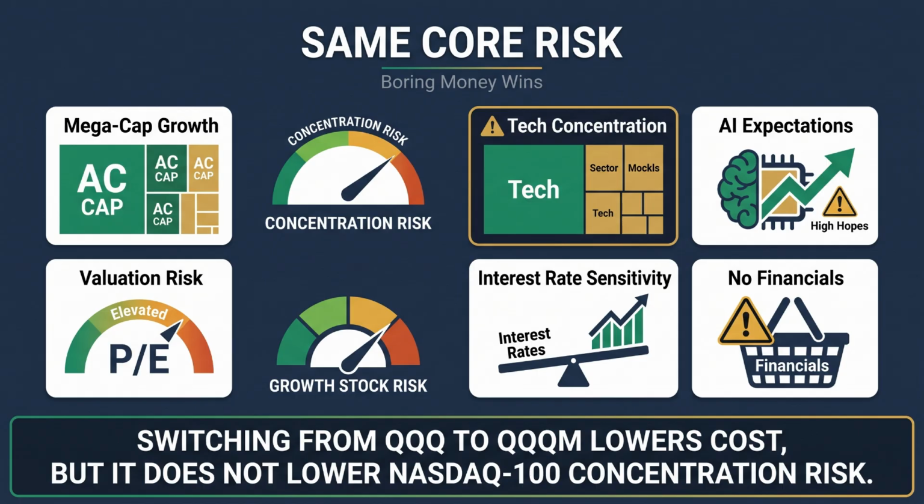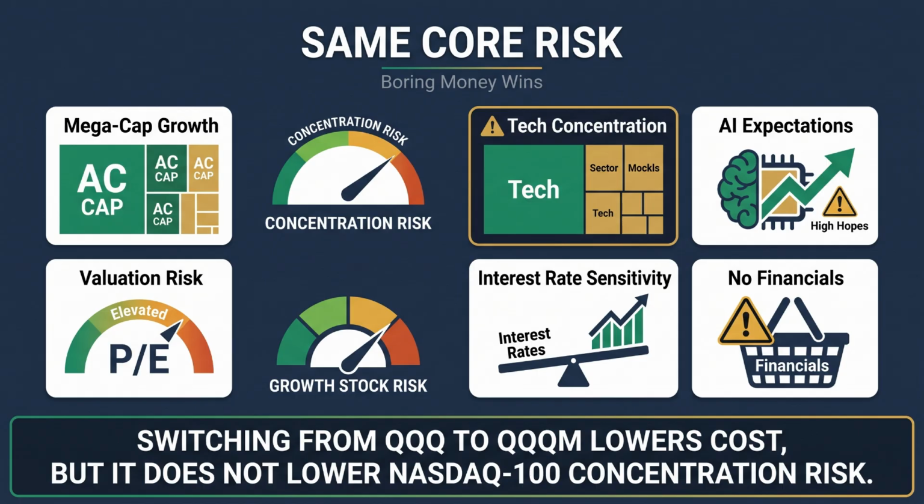This does not make QQQ or QQQM bad, but investors need to understand what they own. QQQM is cheaper than QQQ, but it is not more diversified than QQQ. It is not automatically safer, and it does not solve concentration risk. Switching from QQQ to QQQM lowers cost, but it does not lower Nasdaq-100 concentration risk.